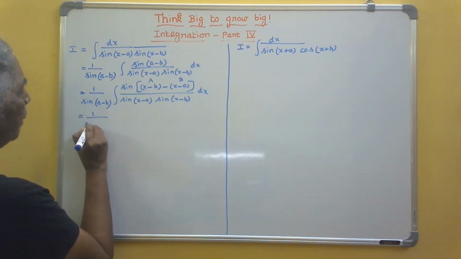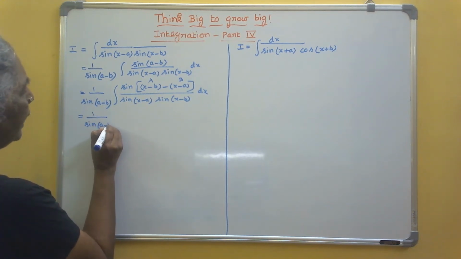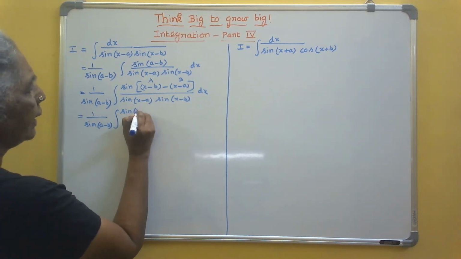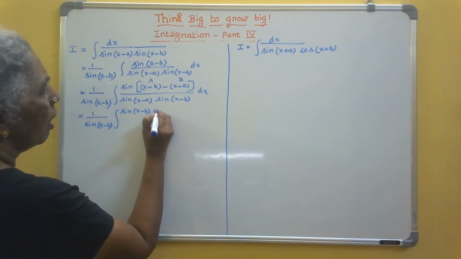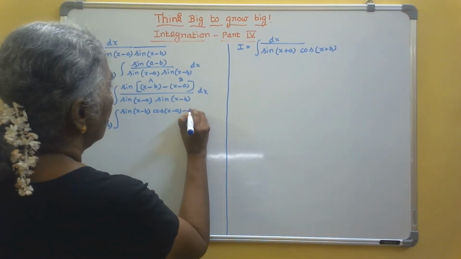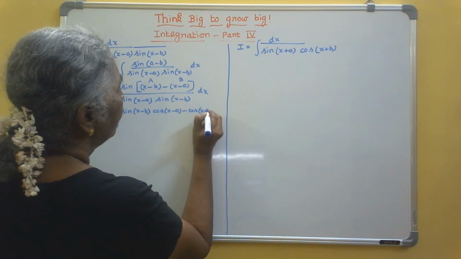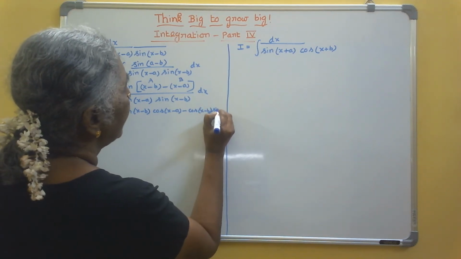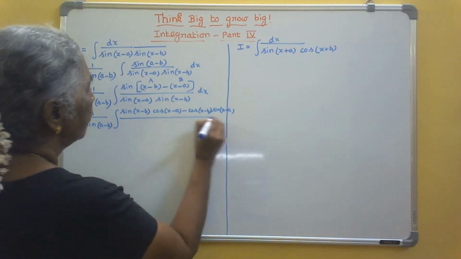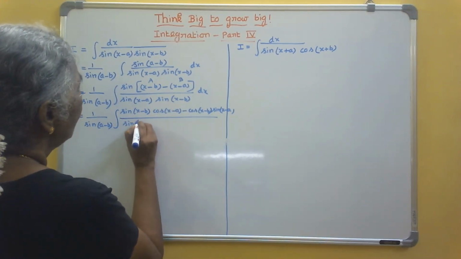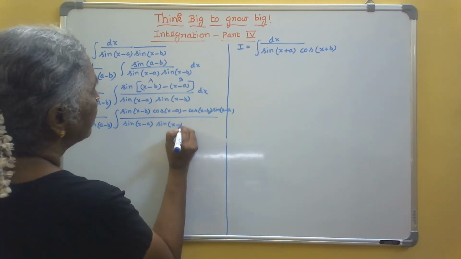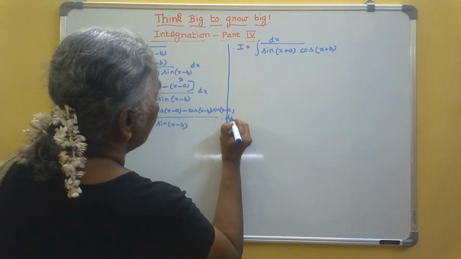We will get 1 by sine of a minus b outside the integral, sine a cos b minus cos a sine b, divided by sine of x minus a sine of x minus b, of course, into dx.